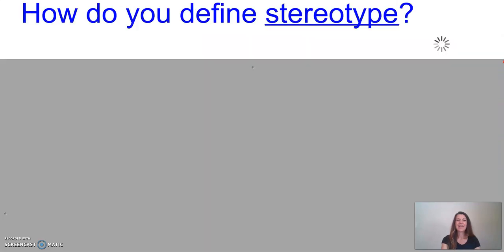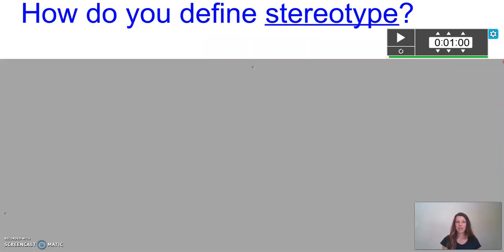All right. Now, based on that little exercise, I want you to think about what the word stereotype means. For each image I asked you to visualize, the first picture I revealed showed a lot of the stereotypes that we have about those particular types of people. Based off of that, how would you define the word stereotype? I'm going to set my timer for a minute and allow you to jot down a definition or some words or phrases that help you to explain the term stereotype.